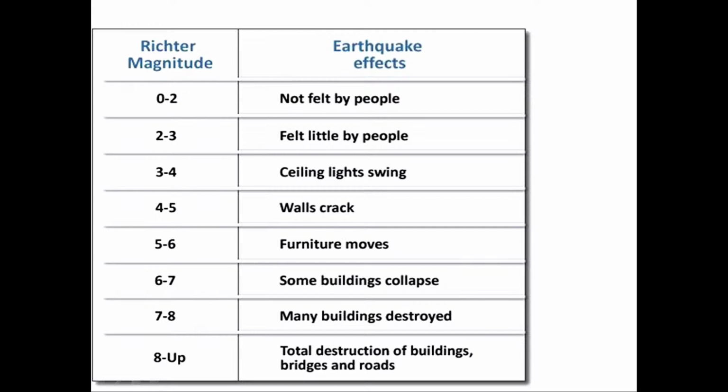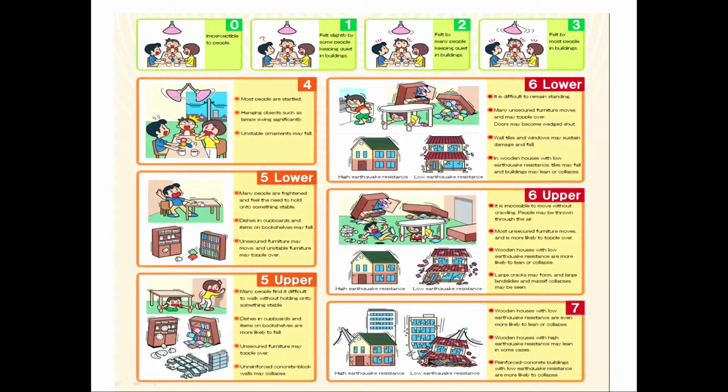At 6 to 7 some buildings collapse, at 7 to 8 many buildings are destroyed, and at 8 and up there is total destruction, nothing remains. It flattens the entire earth surface. So this is the Richter magnitude.